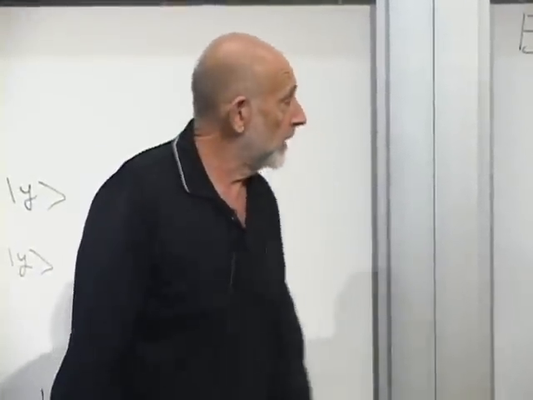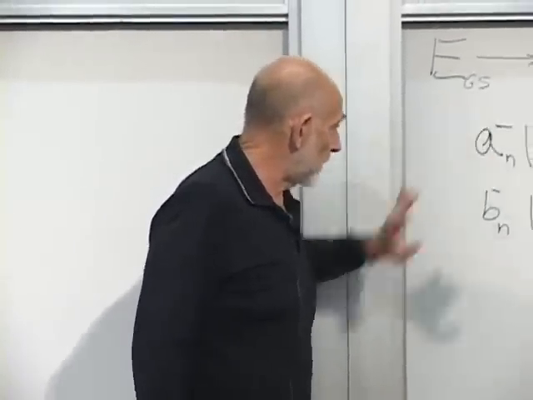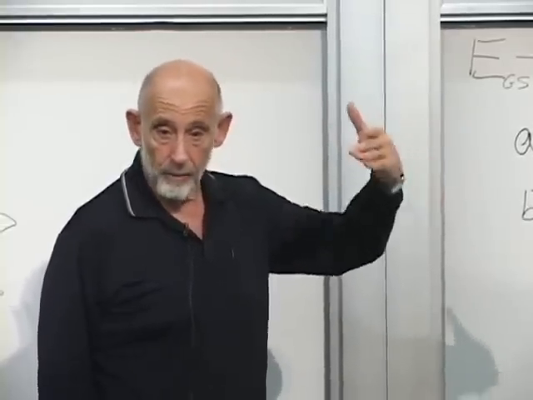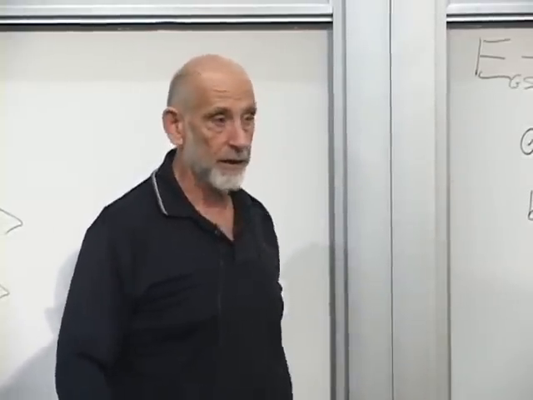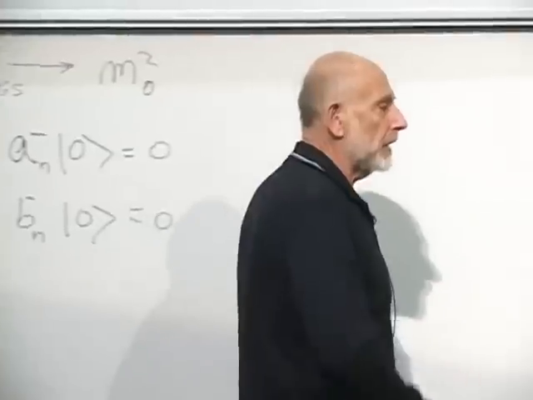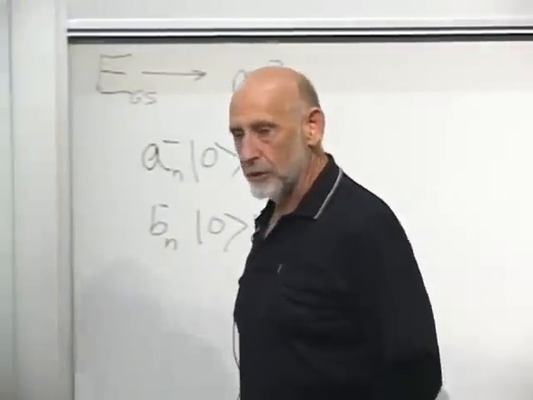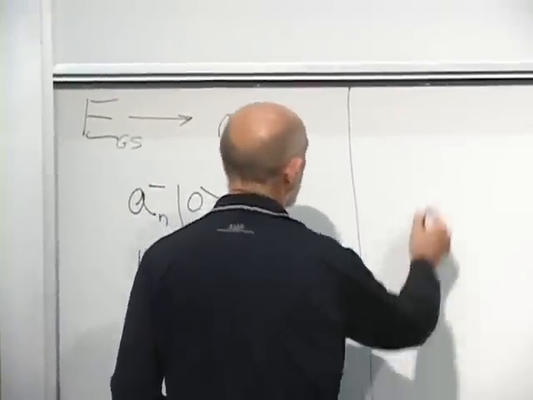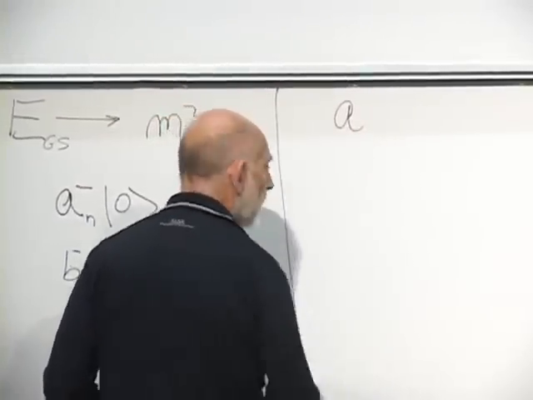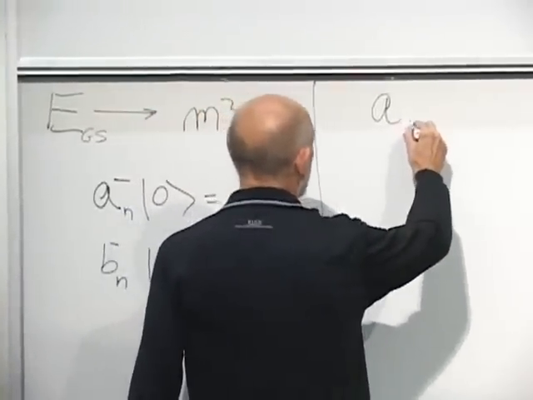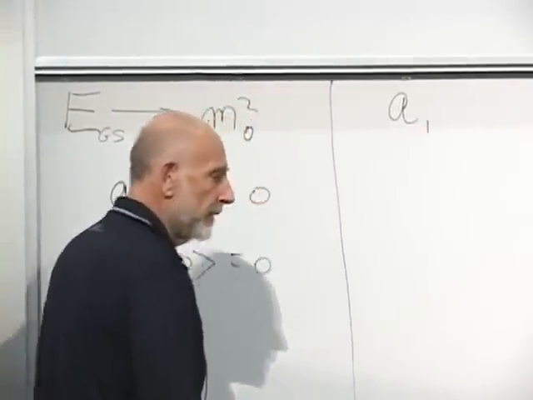But whatever it is, when we excite it, we will increase it by integer amounts of energy. So let's see how we can excite it, what the lowest energy excitation is. What's the cheapest thing in energy we can do to it? The cheapest thing we can do to it is to apply the creation operators, the raising operators, but the lowest one, A1.